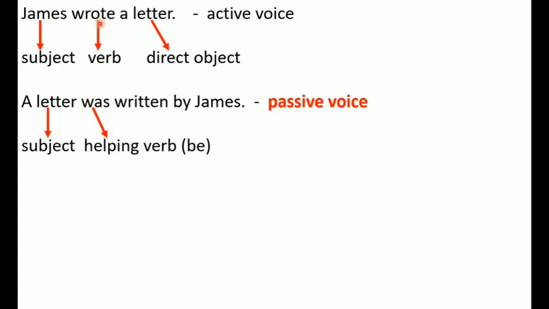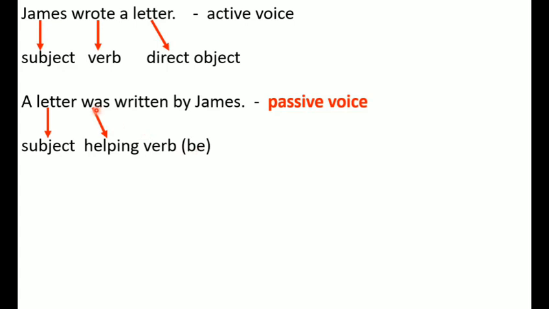Wrote, nakalagay dito. Kung ito ay write, James writes a letter, then dito, itong was ay magiging is. Kasi present tense dito. But since this is written in the past tense, so we are going to use the past tense of is, which is was. Yan ang past tense, past form ng be.